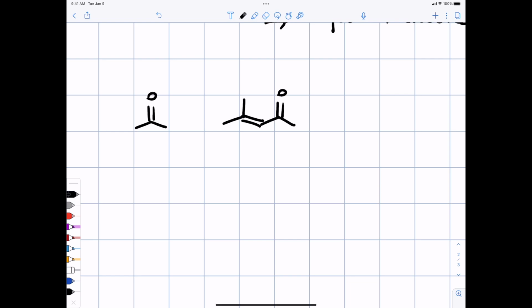And here is the other reactive partner. If you've been practicing the aldol reaction, you should be able to see how this on the right is actually the self-aldol product of this on the left.